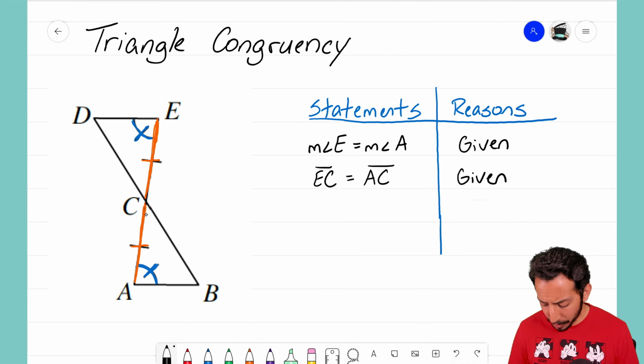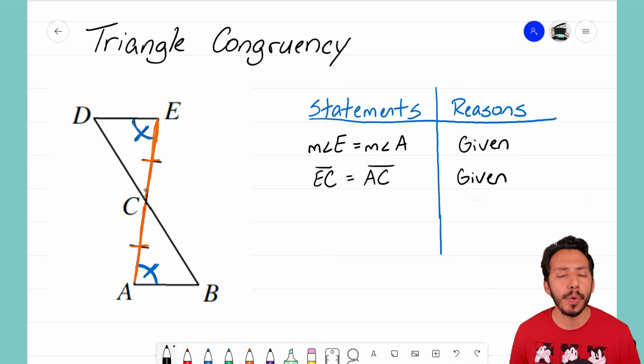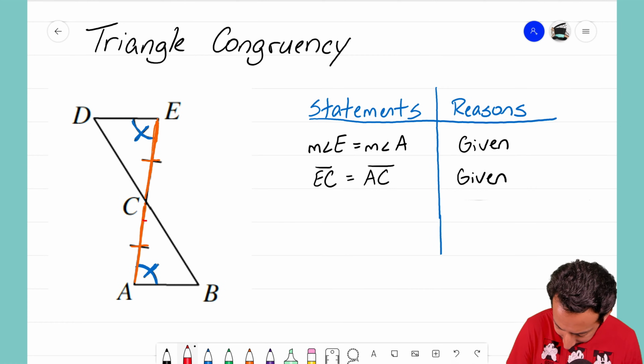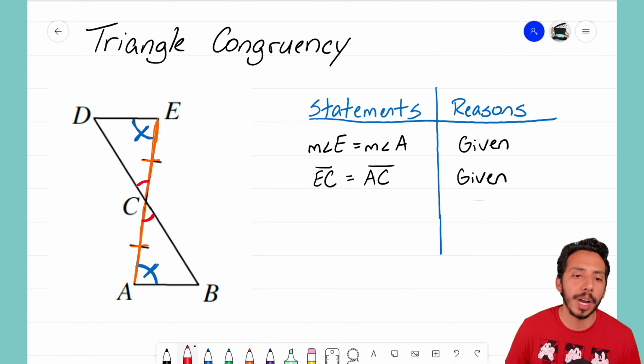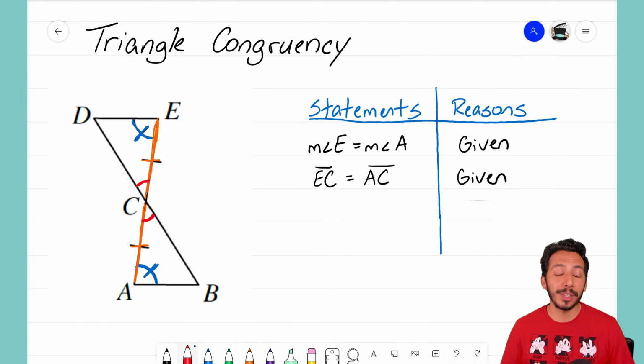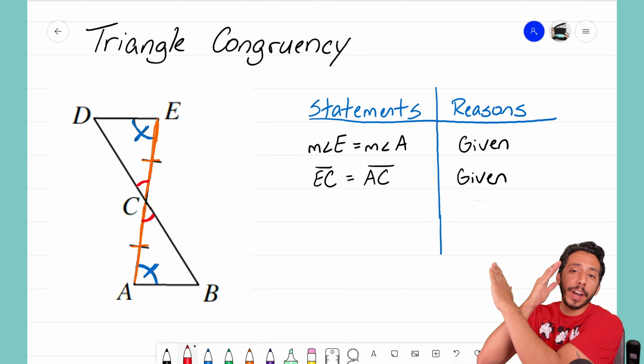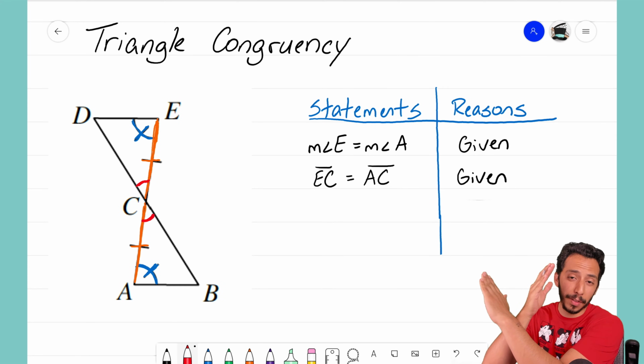But when I look at these two angles forming here at C, I see an angle relationship hiding there. This line segment DB intersects the line AE, and that creates two different angles at the point C. I have this angle in the bottom triangle and this angle in the top triangle. Those are two angles formed by two intersecting lines, and they are opposite each other.